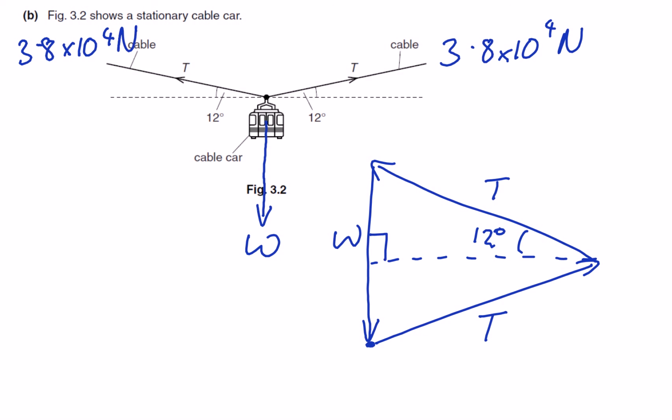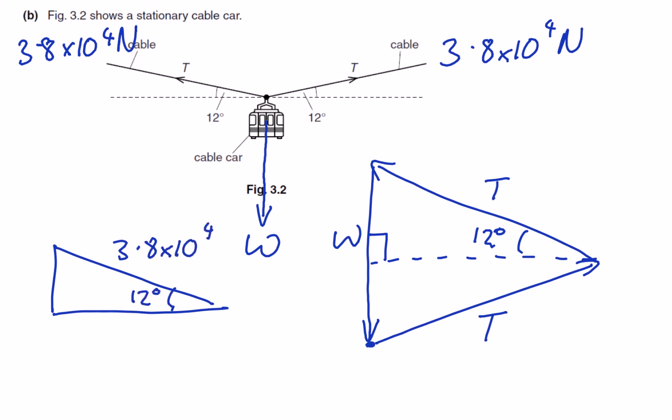So if I use a little bit of trigonometry, if I just draw out the one triangle, so that's 3.8 times 10 to the 4, I've got an angle of 12 degrees, and this will be here, half of the weight. So half of the weight is opposite the angle I know, and the tension here is the hypotenuse.